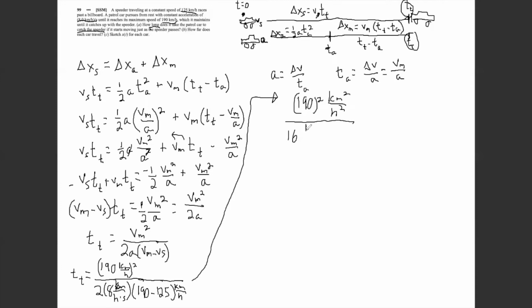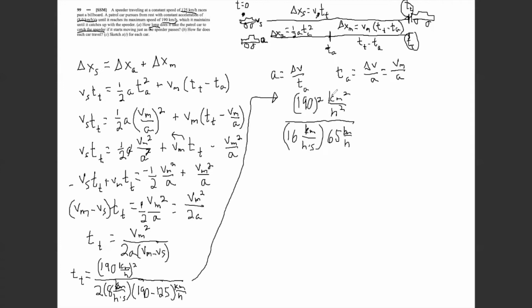That is kilometers per hour second, times 190 minus 125 is 65 kilometers per hour.